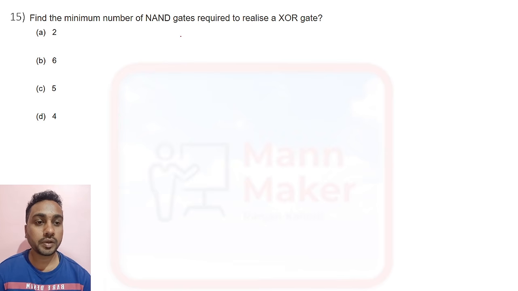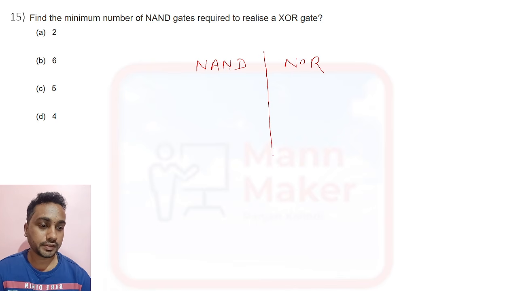Find the minimum number of NAND gates required to realize a XOR gate. Okay, so I will teach you one table. Just remember this table. This is NAND and this is NOR. Okay. Just remember this table. It will help you in every exam.